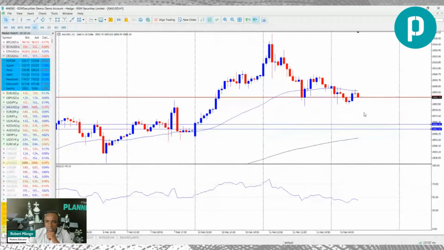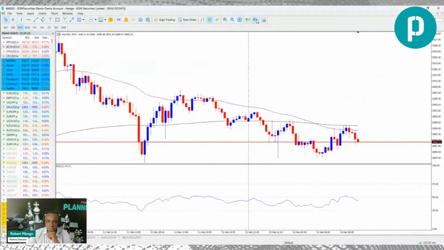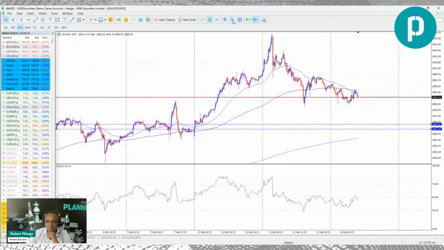I'll still be looking at short opportunities on gold. So this will be the analysis on gold. Still be looking at those sells to those two price levels.